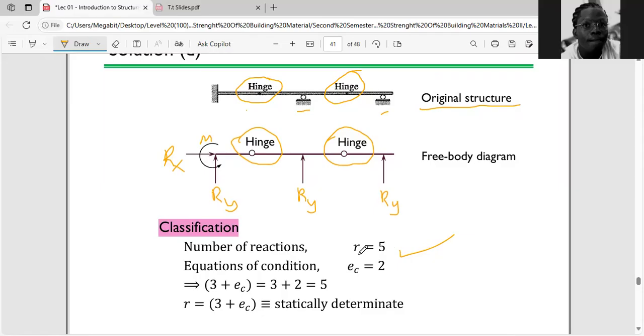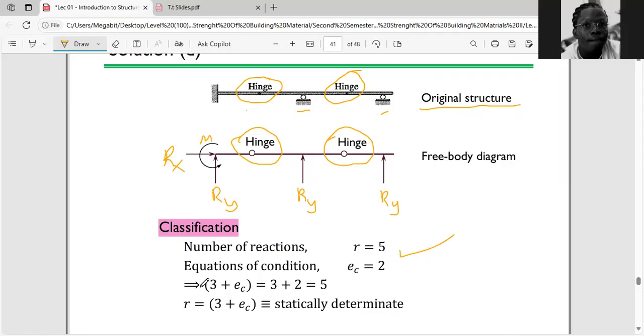And the equation of condition, as I told you earlier, this is 1, this is 2, so our EC becomes 2. Because there is an EC over here, we have to calculate for this. At the end of the day, we are going to add 3 plus EC.